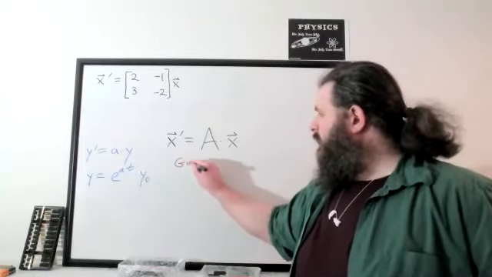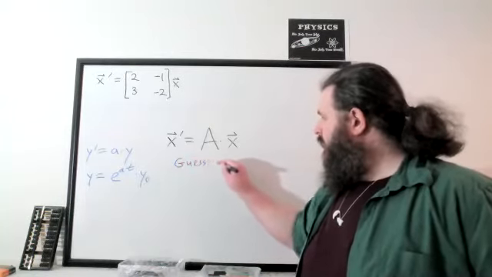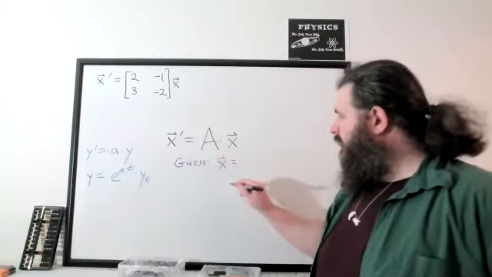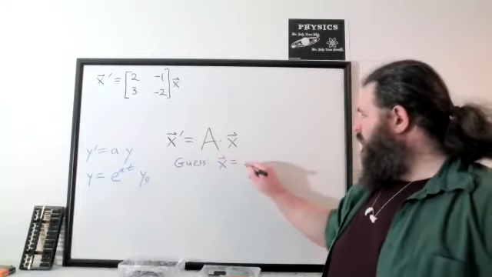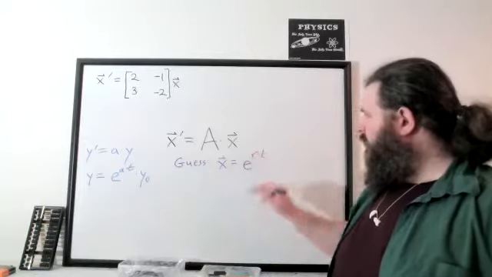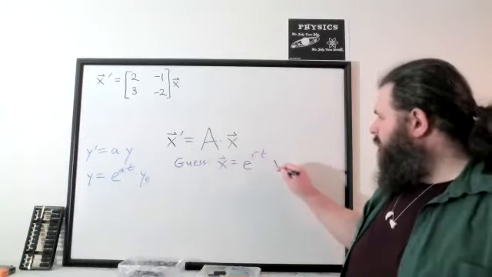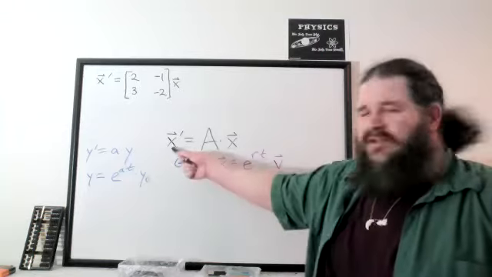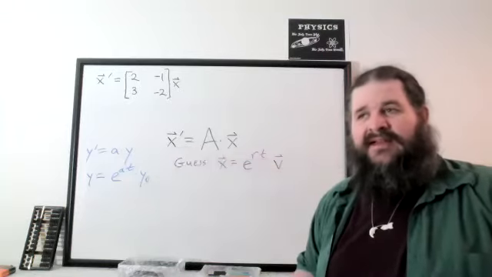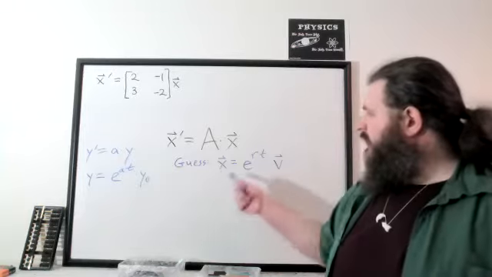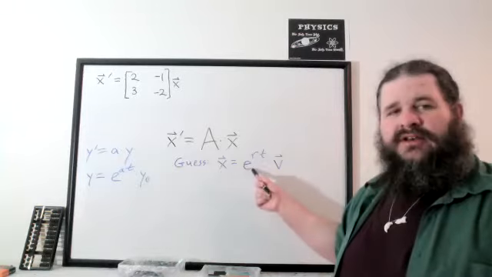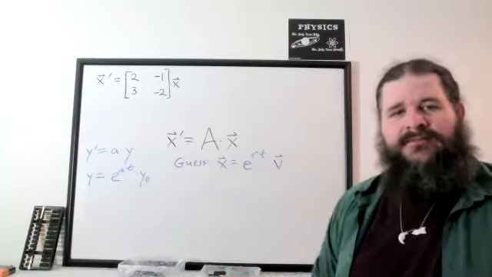What I typically do here is make the guess that x is an exponential function, e to the rt, where r is some scalar, times some vector v. Because x can't be a scalar function, x has to be a vector function here. So we guess that x is an exponential function times some constant vector.